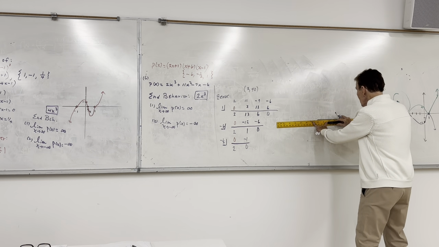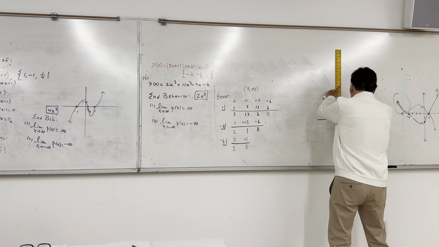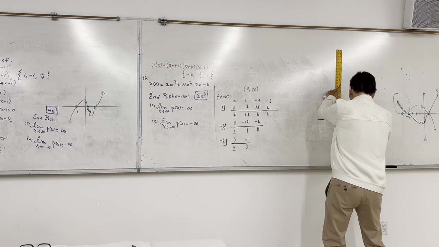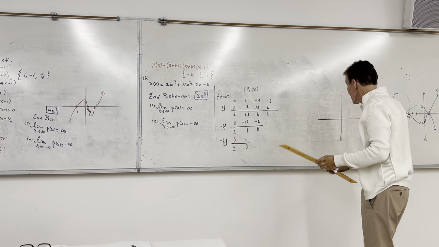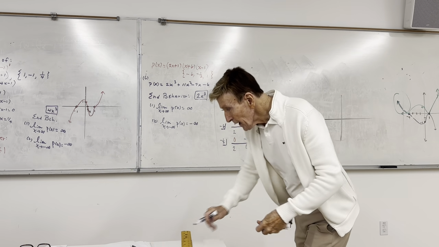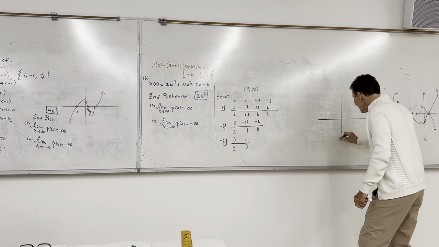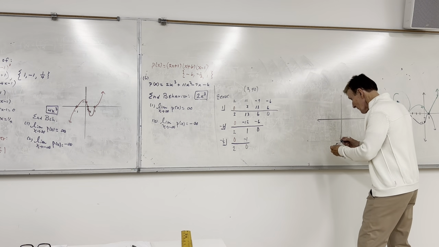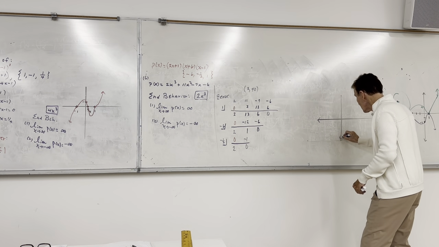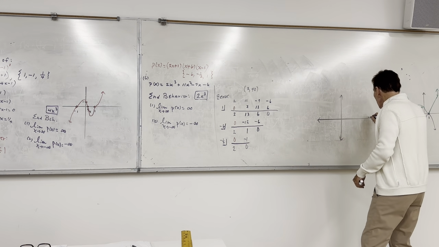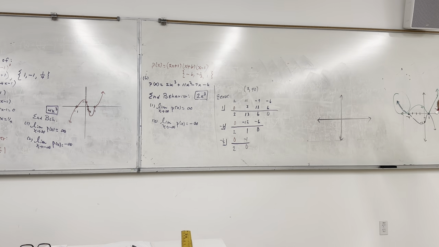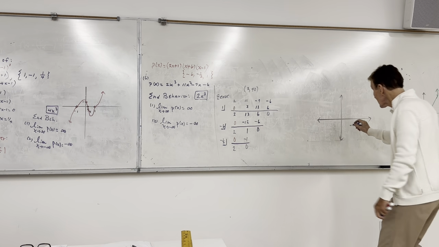Now guys, the sketch, and we'll do it fairly quickly. Real quickly here. Okay, my zeros, let's get those zeros out of the way. -6, way down here.